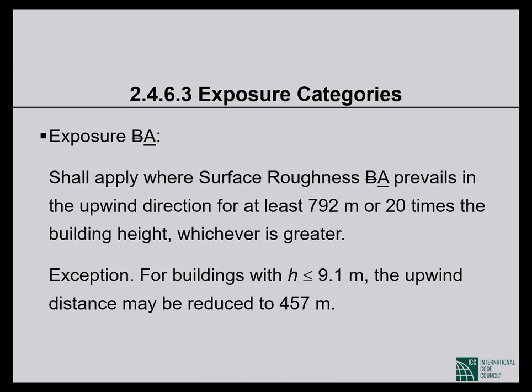Exposure A shall apply where surface roughness A prevails in the upwind direction for at least 792 meters or 20 times the building height. There is an exception to that for buildings with mean roof height not exceeding 9.1 meters. The upwind distance may be reduced from 792 meters to 457 meters. Exposure B shall apply where exposure A and C do not apply.